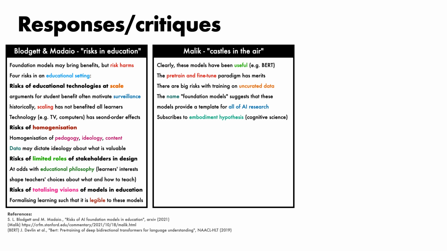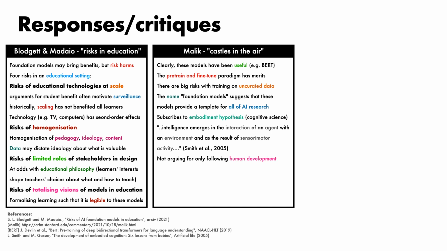He subscribes to the embodiment hypothesis of learning, widely held in cognitive science, which is the hypothesis that, among other things, intelligence emerges from the interaction of an agent with its environment, and as a result of sensory-motor activity.